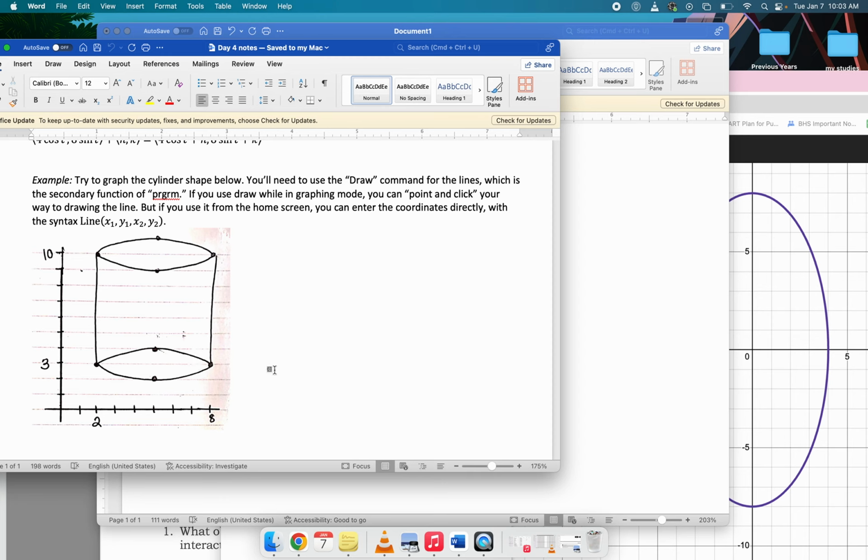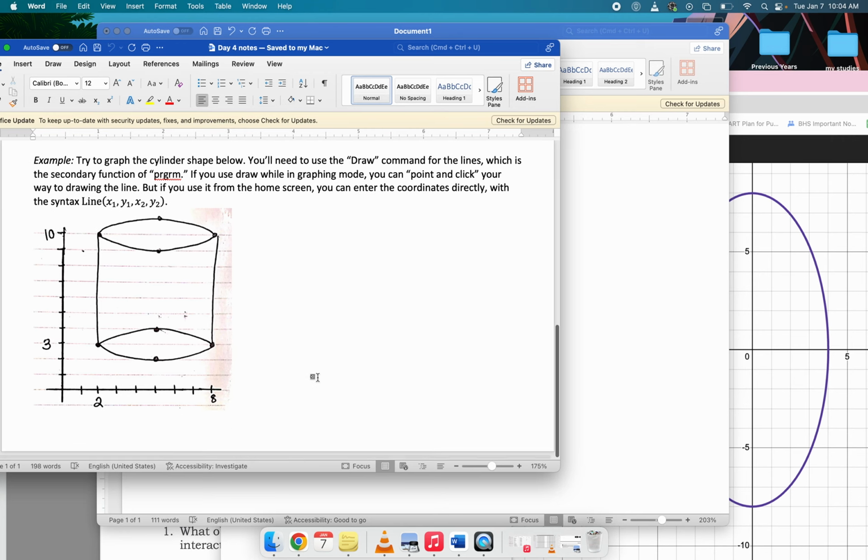How do you know the formula? Well, basically, what you need to do is look at the ellipses and say, okay, I notice in this first ellipse that the x-coordinates of the points in this ellipse all go between 2 and 8.